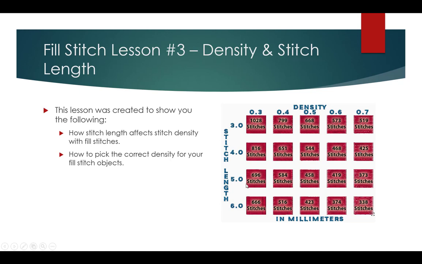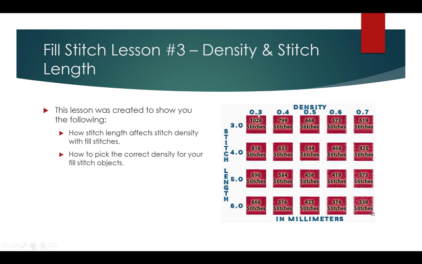And the one thing that I want to point out to you here is that there's a big difference in the number of stitches between each box. For instance, when you stitch this box out, it's using a 3 millimeter long stitch length, which is a pretty small stitch length for a fill stitch. It's one that a lot of people use, but it's relatively small.